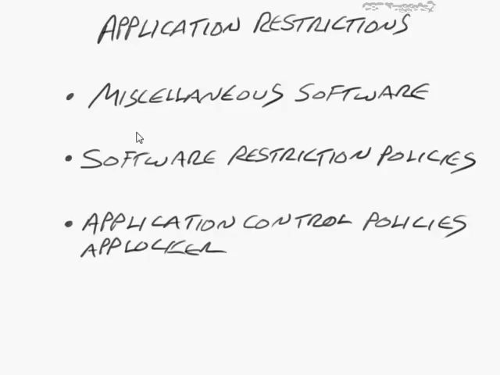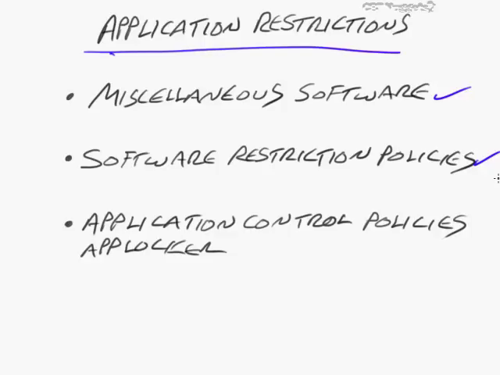In this nugget, we talked about application restrictions. One of the first things we talked about were just some miscellaneous software topics that I didn't really have room for elsewhere, things such as ratings, how to prevent applications from starting up using msconfig, how to identify when applications were installed, and things of this nature. We also took a look at software restriction policies, which, remember, work ever since Windows XP.